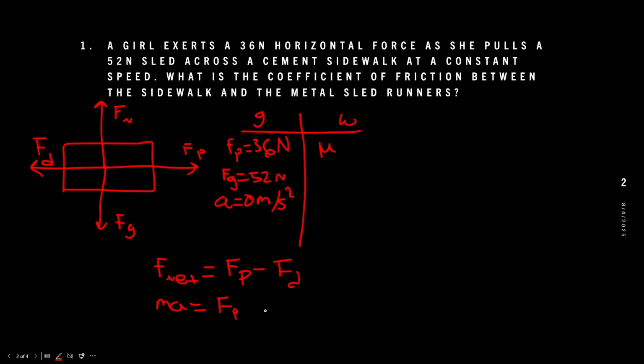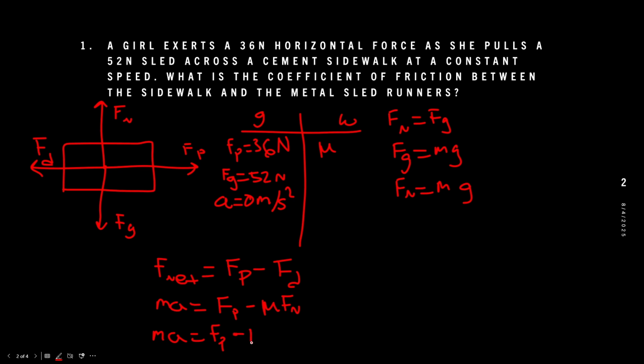Fp stays the same because it doesn't have a formula, and then minus mu Fn. And then since Fn equals Fg and Fg equals mg, then Fn equals mg. So we could say ma equals Fp minus mu mg.